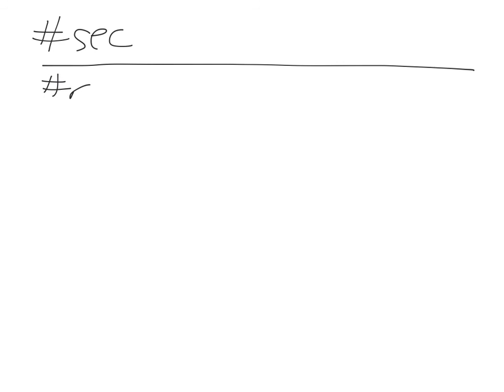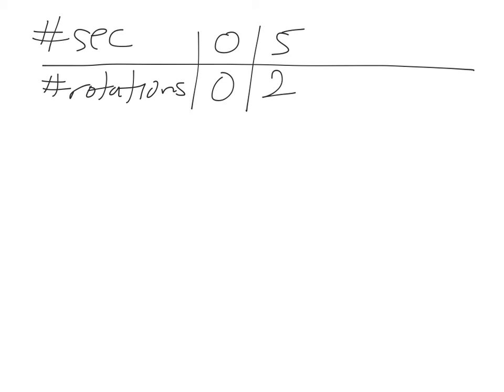The number of seconds to the number of rotations. 0, 0. 5 seconds is 2 rotations. 10 seconds is 5 rotations. 15 seconds is 10 rotations. I want you to make the graph, and then tomorrow when you walk into class, you need to tell me if it was proportional or non-proportional. See you then.